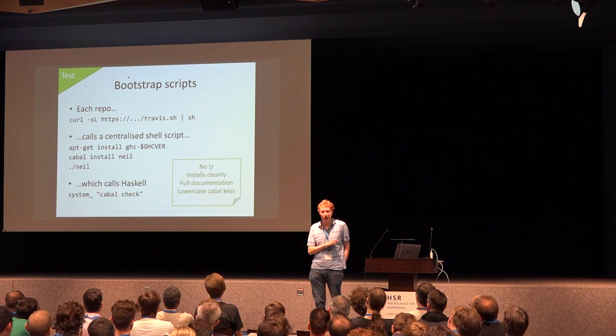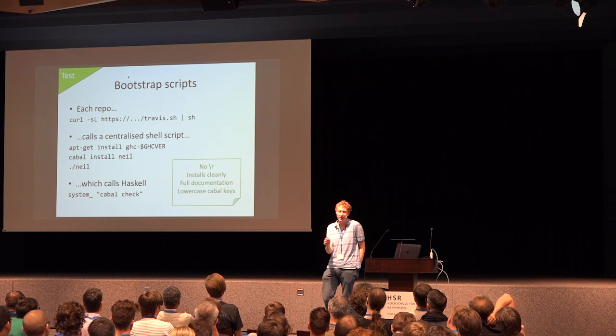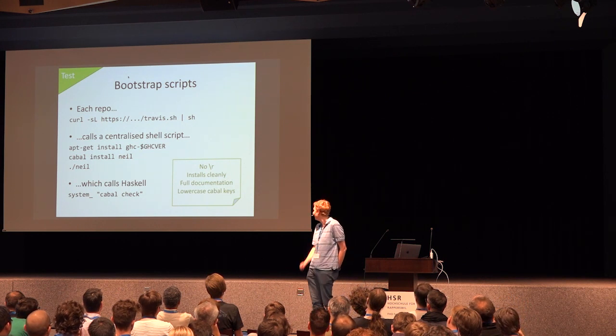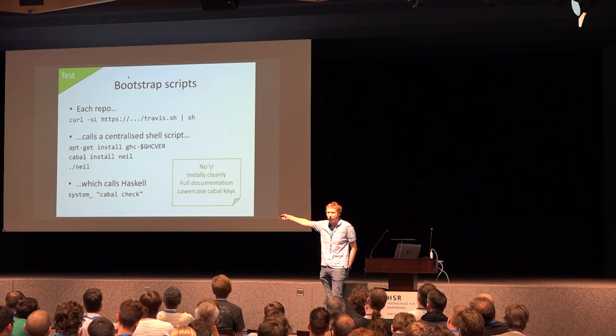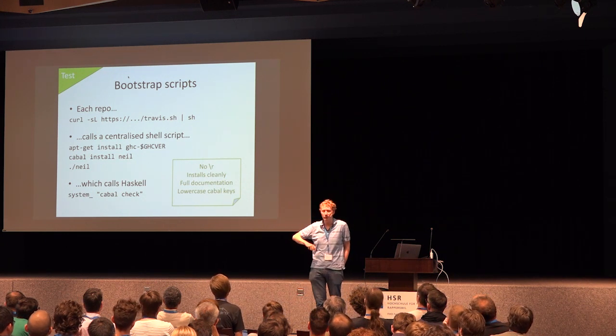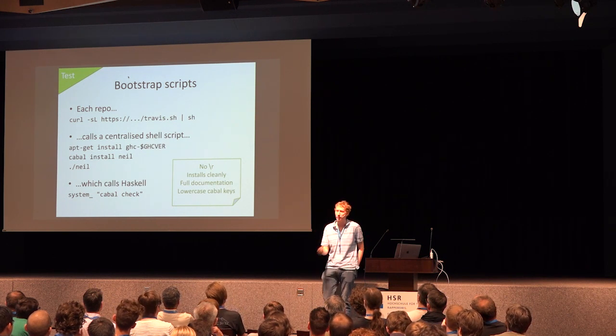Neil is my project where I put all the things that are just for me. It isn't even released to Hackage, or wasn't until recently. Then this shell script boots into some Haskell code that actually runs all the checks I'd like to have done on all my projects.